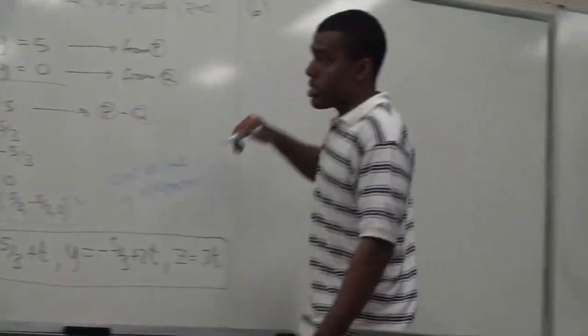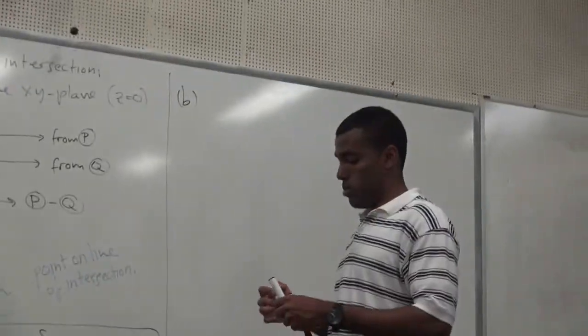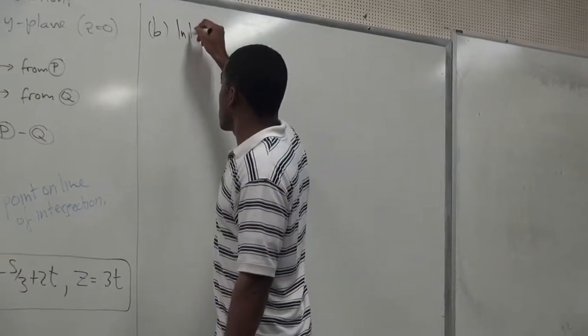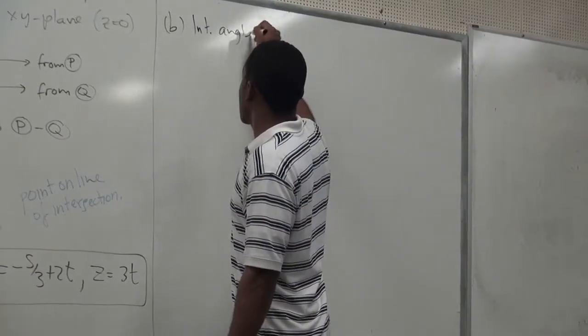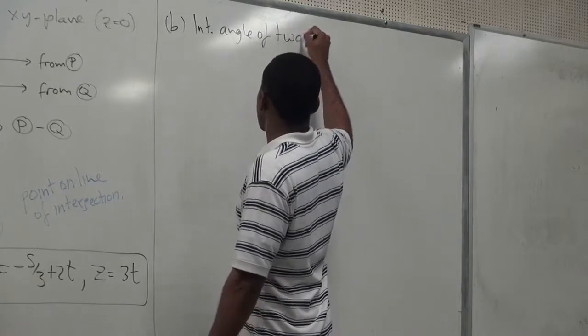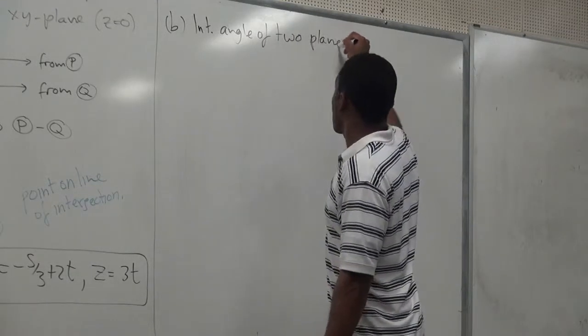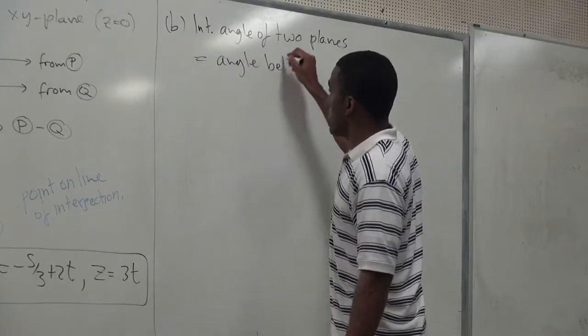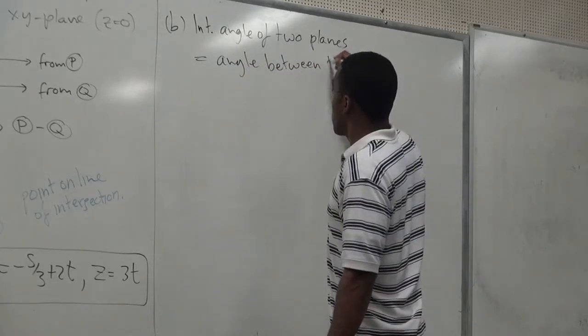How do you find the intersection angle of two planes? So we take the normals. This is equal to the angle between their normals.